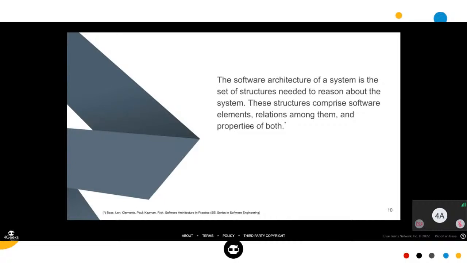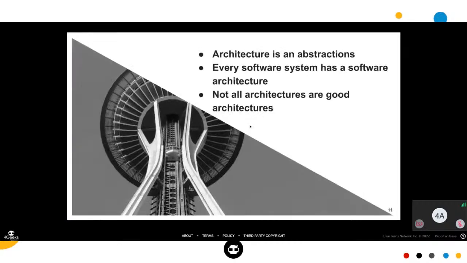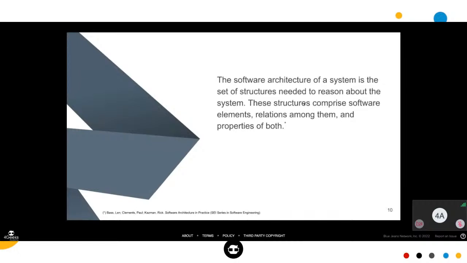Let's read it one by one. The software architecture of a system is the set of structures needed to reason about the system. This structure comprises software elements, relations among them, and properties of both.